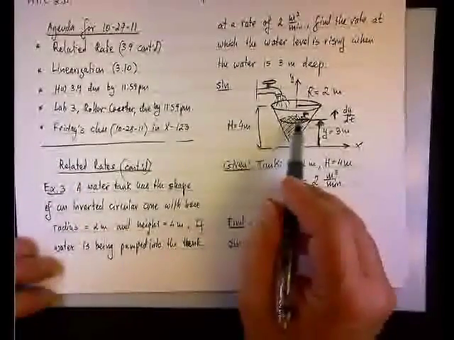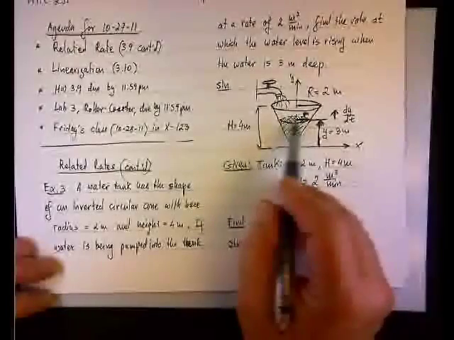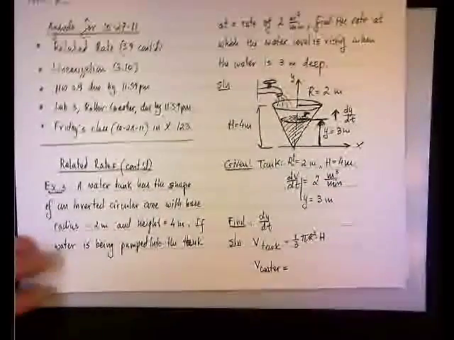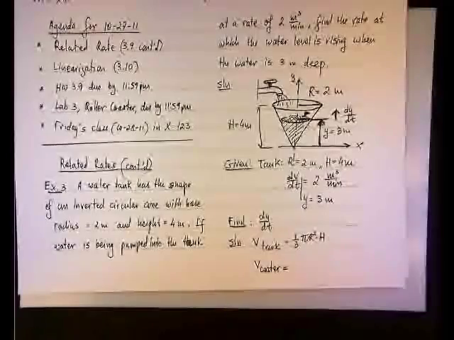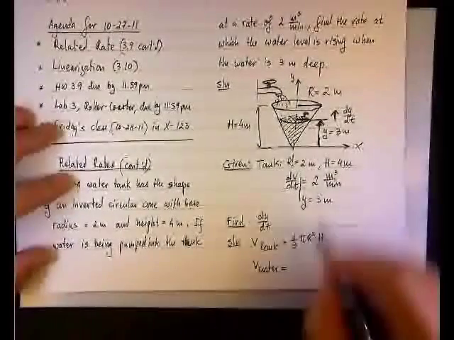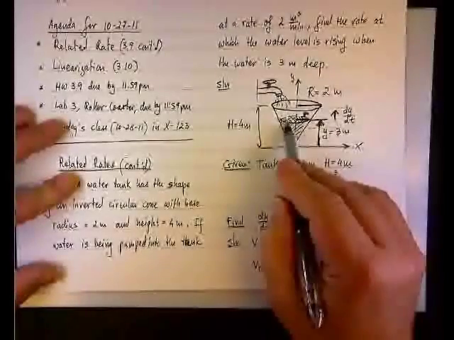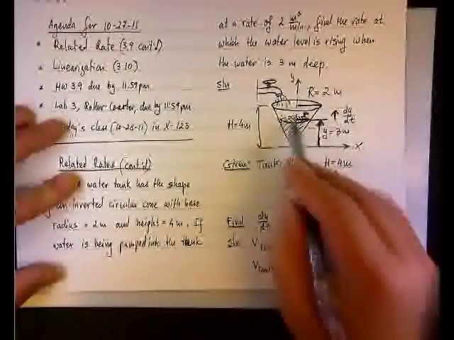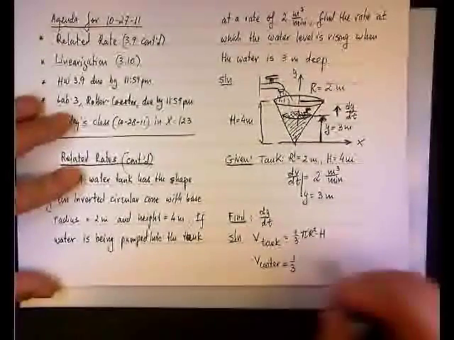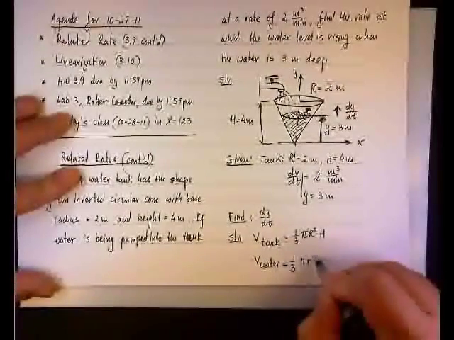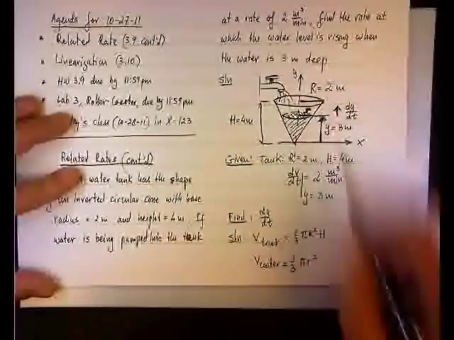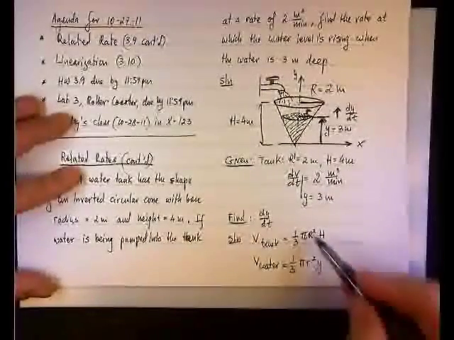But as the water is rising, lowercase r, the radius of the circle which is the water surface, is also increasing. So it will be 1/3 of the surface area of the water, pi r squared, r lowercase, and the height will be y.